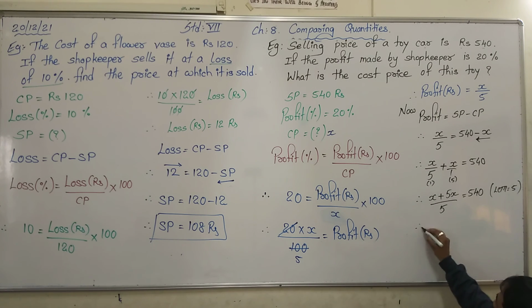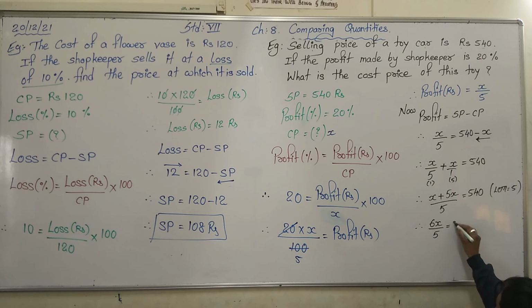Therefore 6X upon 5 is equal to 540. Directly, X is equal to 540.